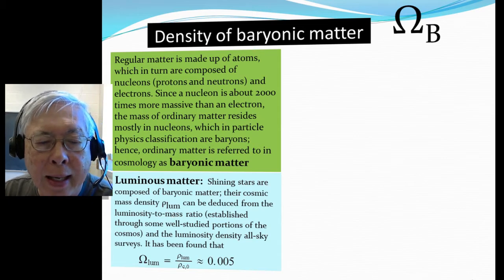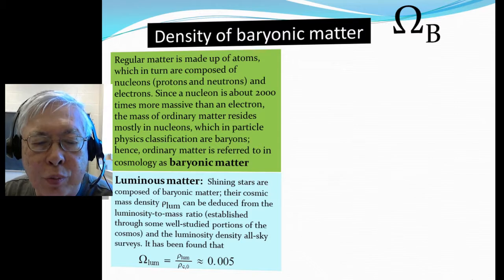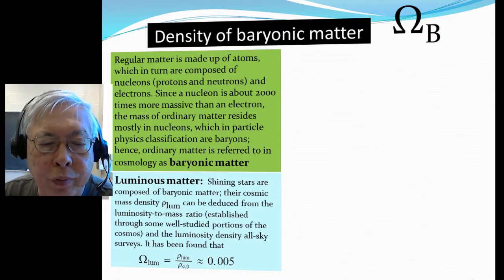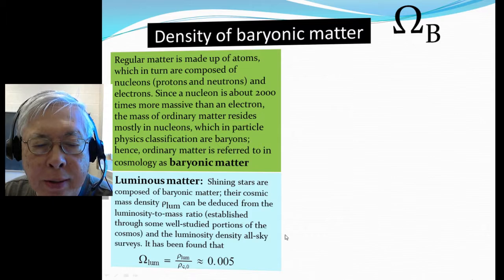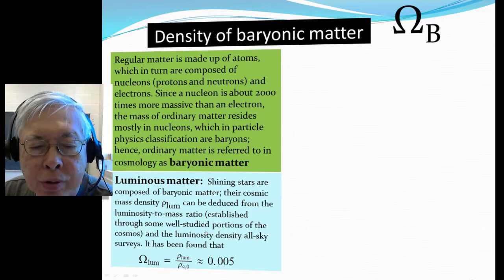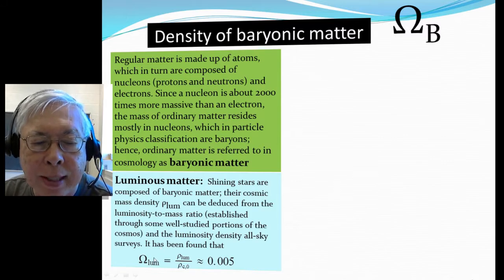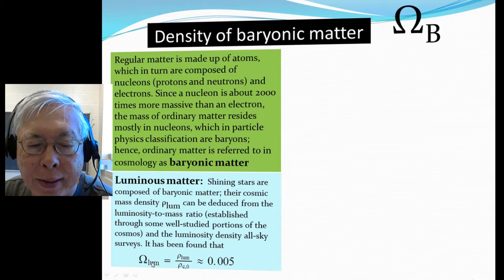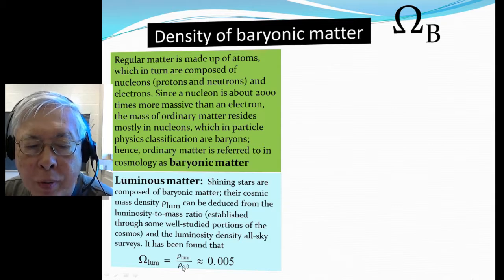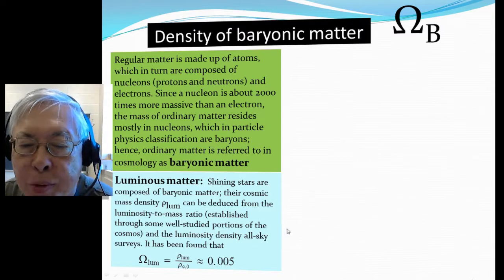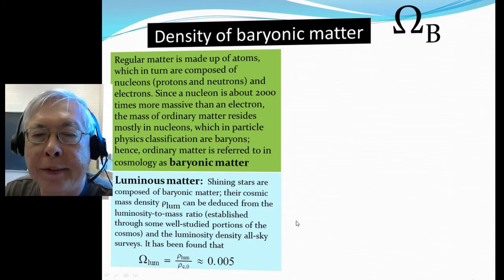If you think this ratio should hold for all of the universe, then by surveying the luminosity all over the universe, you can convert that into the mass density. That's the mass density of the luminous matter, and omega, relative to the critical density, turned out to be about 0.5%.